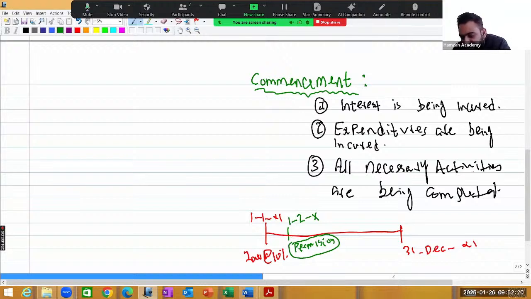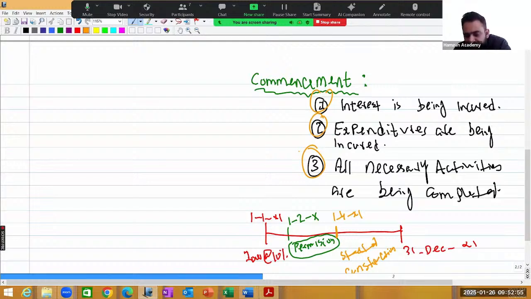That is the third one, necessary activities are being completed. And after that, on 1st April X1, you started the construction. Now, 1st April is the date where all these three conditions are fulfilled: interest is being incurred, expenditures are being incurred, and all necessary activities are being completed.